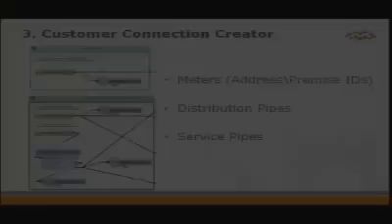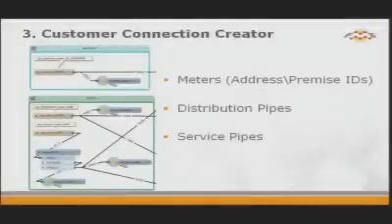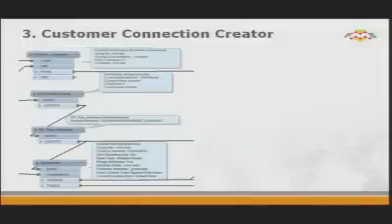So we have service meters with address now, because they've picked up the address from the address table. And then we have all the pipe information here. So we've got distribution pipes and service pipe. Okay, the next stage is we now have to add value to that data.